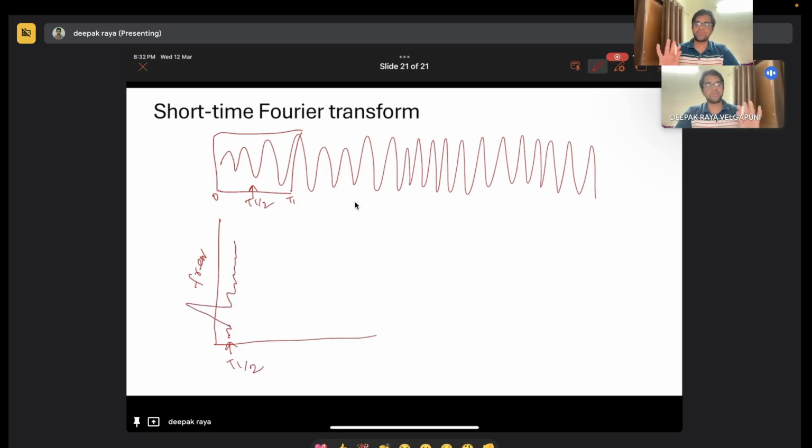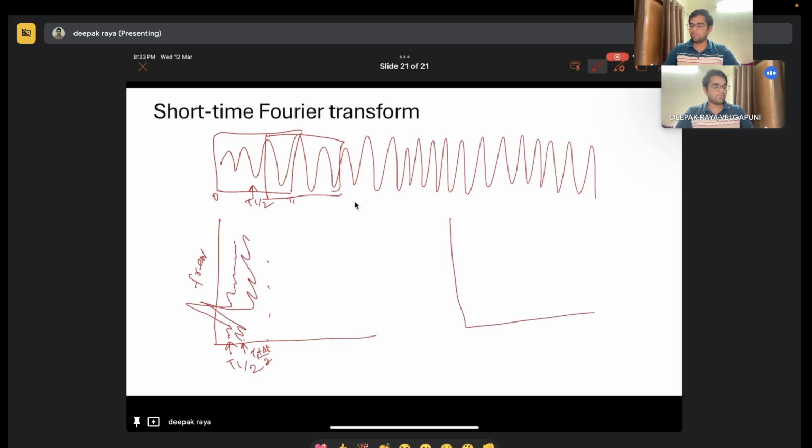Similarly, you stride it, shift it, and plot at the next point, t1 plus some delta t by 2. You'll have another spectrum, and so on and so forth.